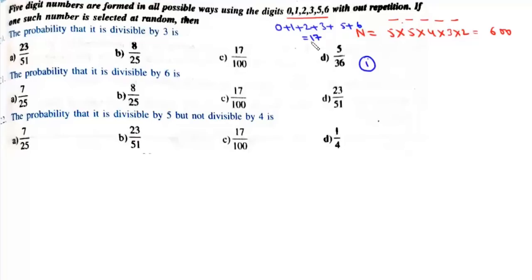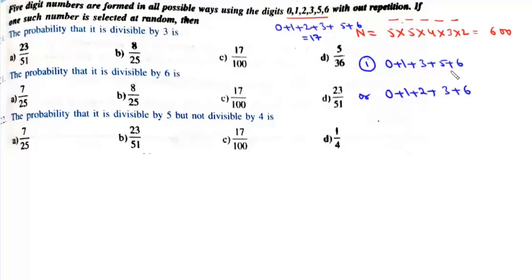Now it will be a multiple of 3 if we discard this 2, then we are left with 0 plus 1 plus 3 plus 5 plus 6, or if we discard this 5, then we have 0 plus 1 plus 2 plus 3 plus 6, and there is no other possibility.